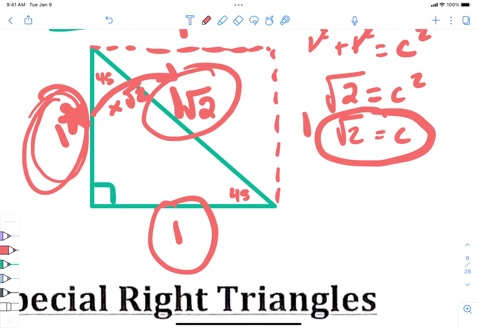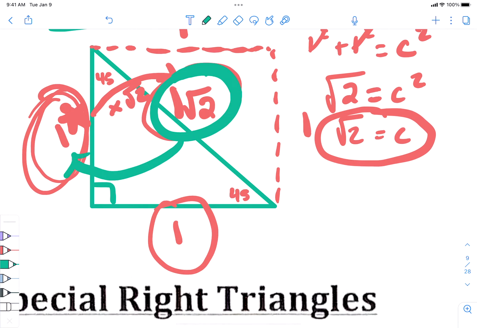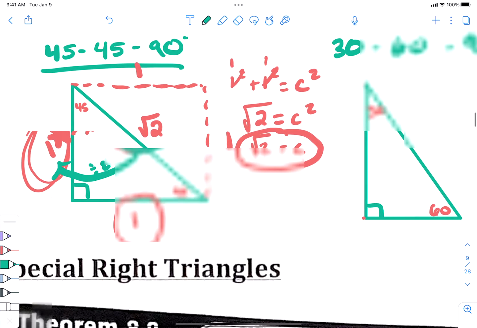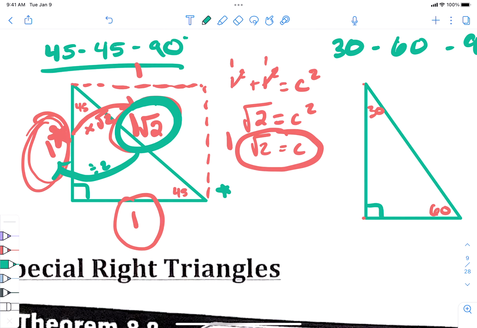Okay. Now, what if they give me this one? How do I go back to this side? Divide it. Divide by a square root of 2, right? So that's kind of the trick there: to find the hypotenuse, you take the leg and you multiply by the square root of 2.